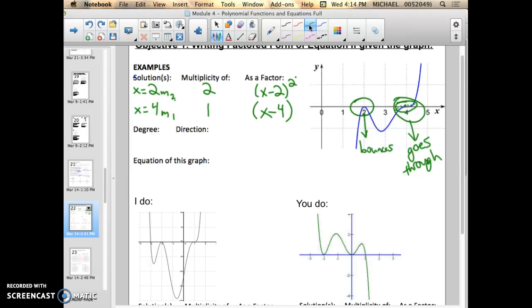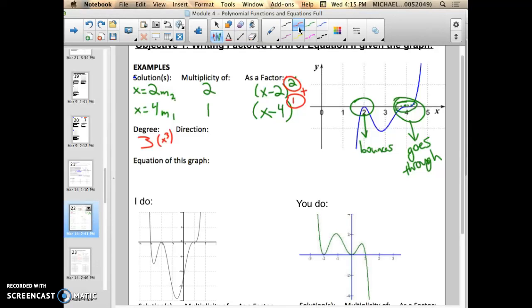And I find that out by adding up the powers here. There's a power there, and technically that is the power of 1. So I add up 2 plus 1. So this is going to be degree 3, or x to the 3rd. It's degree 3.